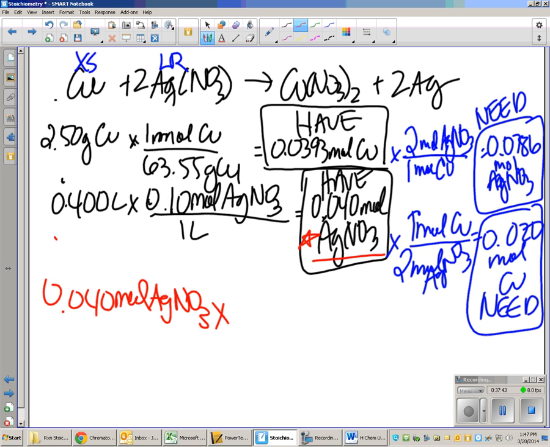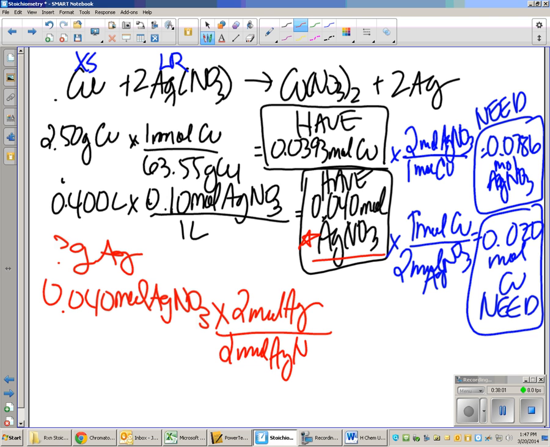You want to get to how many grams of silver you can make. First step, mole ratio. This ratio is 2 to 2, between the silver nitrate and the silver. So 2 moles of silver are created for every 2 moles of silver nitrate used.